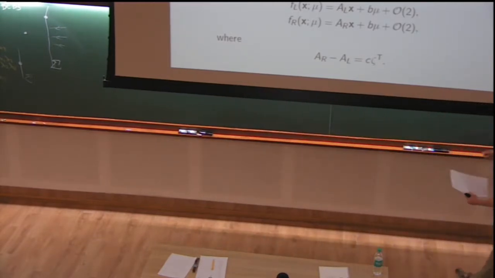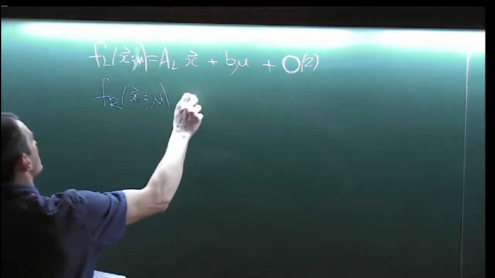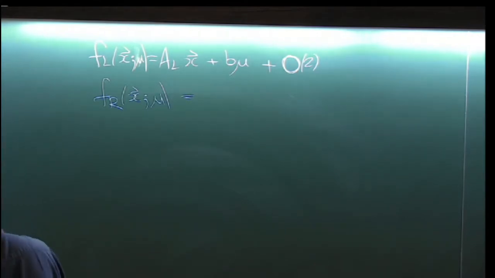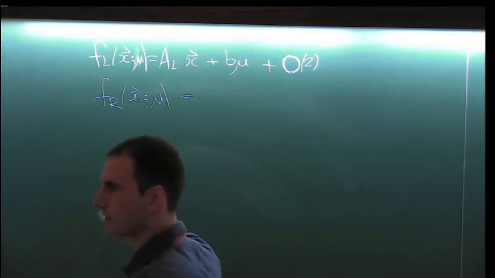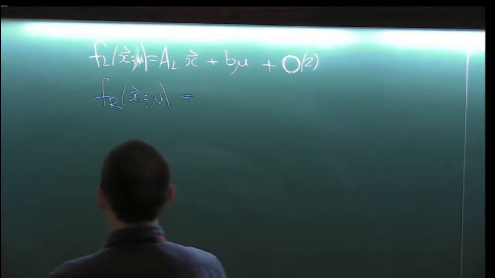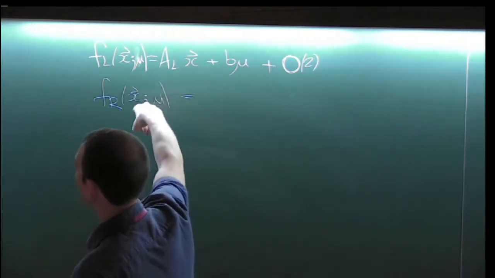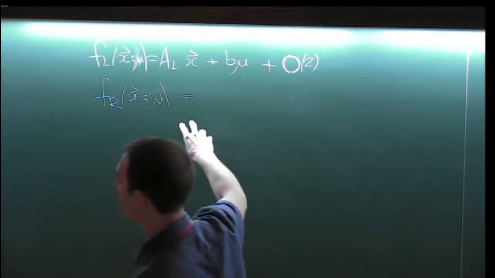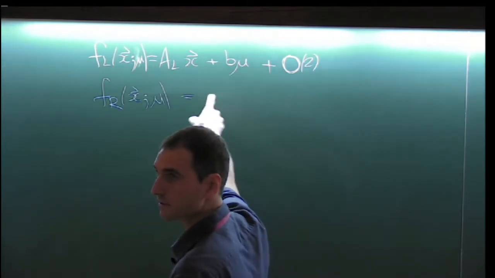Now we need to use the continuity assumption. So let me explain where this comes from. It's going to take me a few lines on the board. First of all, it's continuous at the origin when mu equals 0, so there's no constant term.